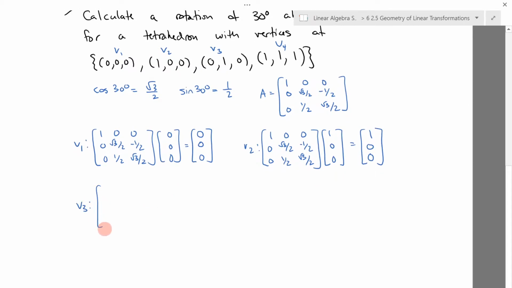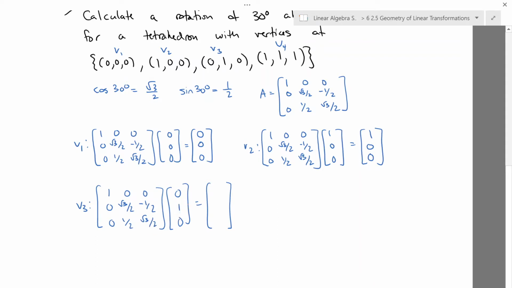Now V3, 0, 1, 0. So what this does is, right, when you do the matrix multiplication, this 0 applies to the first column, this 0 applies to the second column.